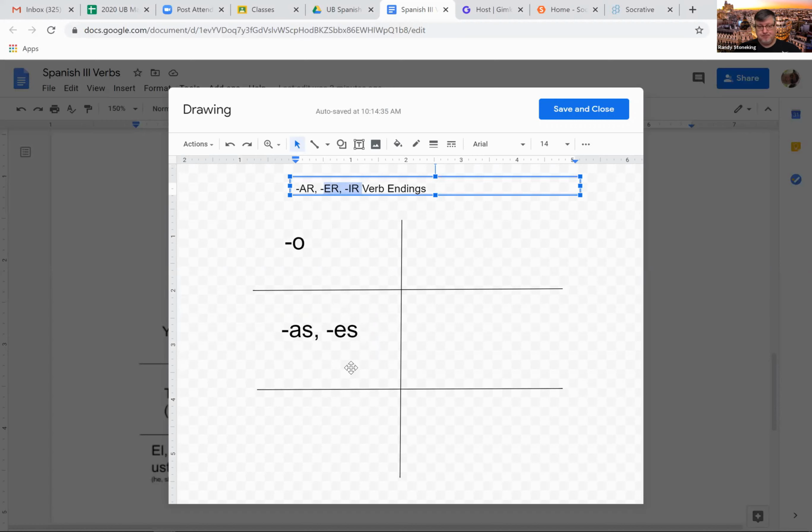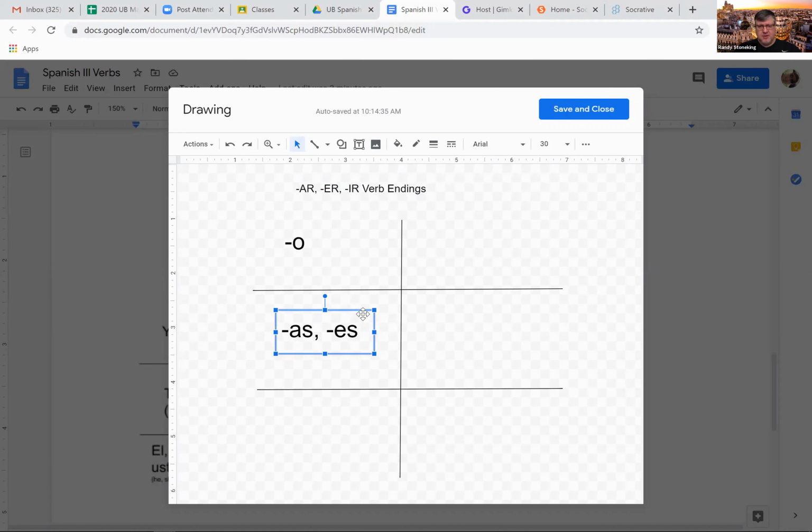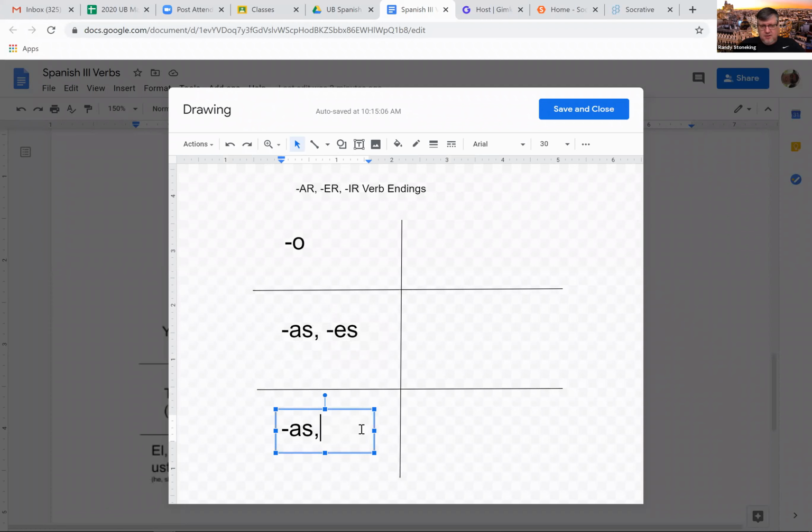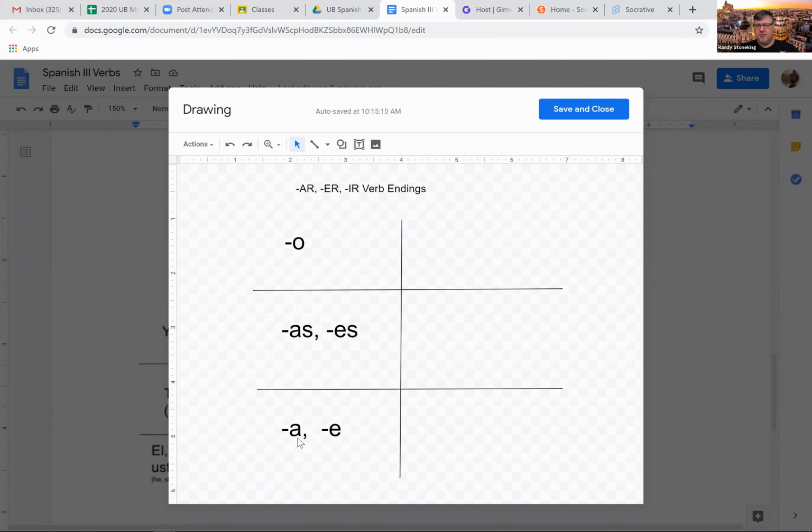Those are the same. Same thing down here. Let's do this again. For the él, ella, usted ending, the ending this time is either an A or an E. So like habla, ella habla, or ella come, she eats.